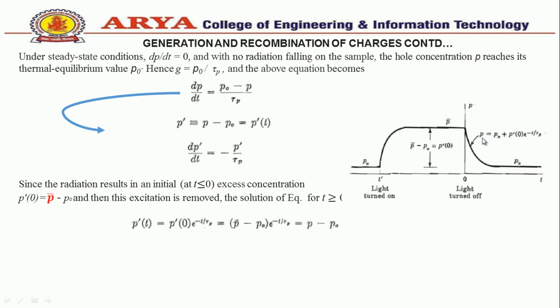So we can write p minus p0 equal to p dash 0 e raised to power minus t/tau p. The excess concentration decreases exponentially to 0, that is p dash equal to 0 or p equal to p0, with a time constant equal to the mean lifetime tau p, as indicated in this figure.